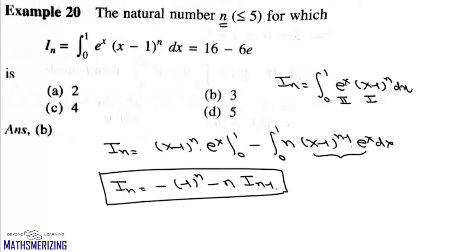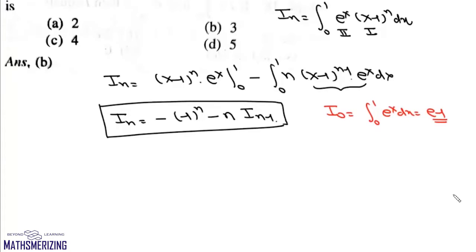Now first we'll find I0. Now I0 is this integral from 0 to 1 e to the power x dx, which is e to the power x, which is e minus 1. So the value of I0 is e minus 1. Now if we put n as 1, then we can write I1 equals minus of minus 1, it will be plus 1, and then minus 1 into I0, and I0 is e minus 1.